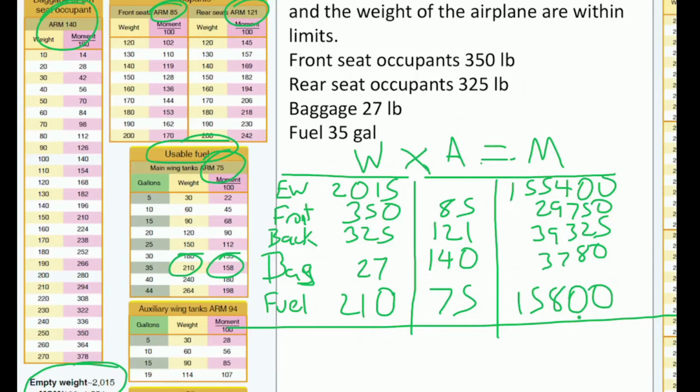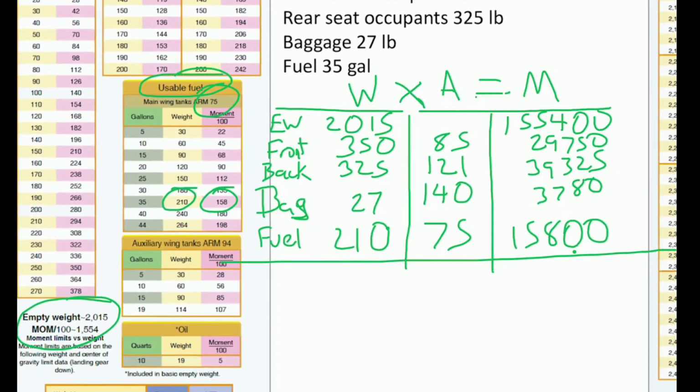If you actually multiply it out, it'll be 15,750, so it rounds it to 15,800. Close enough for what we're doing, so just be consistent in how you do it. All right, now what we got to do is add up our weights and our moments. Do not need to do anything else with the arm, so do not add those down, because it'll mess it all up.